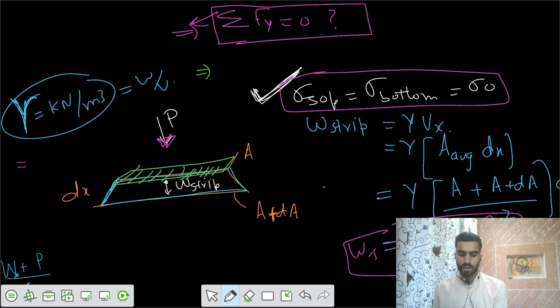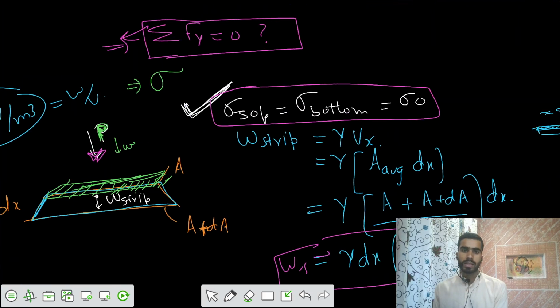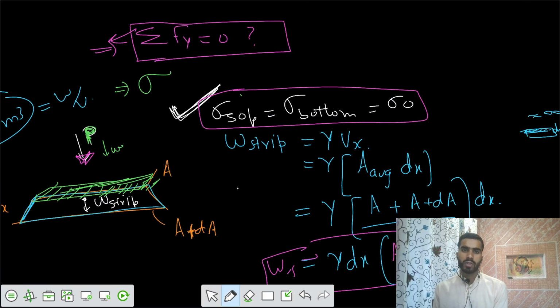There is some stress developed because of this load P, and there is some weight also from the top, because we have this varying weight, such that the stress has reached sigma naught.